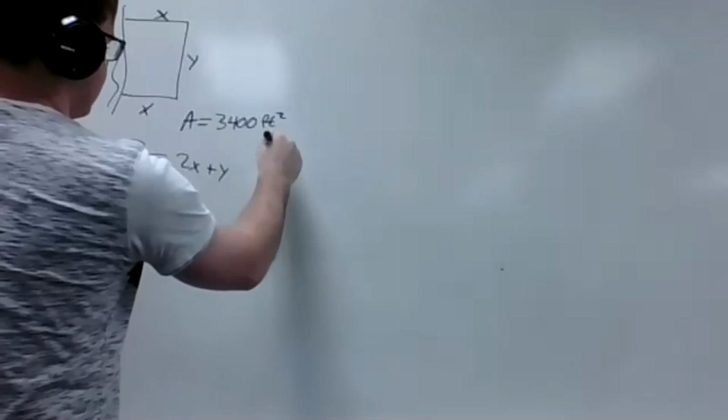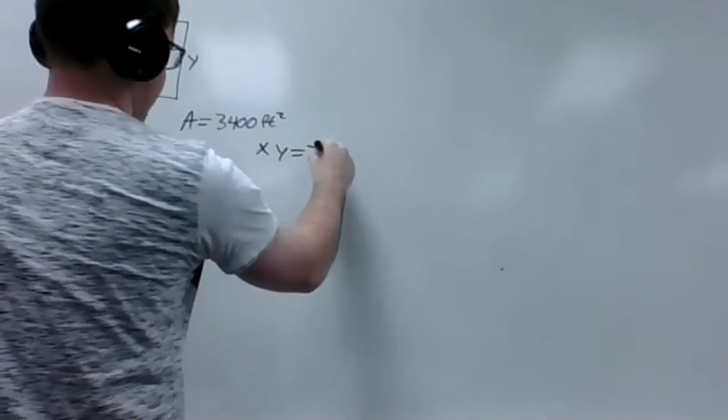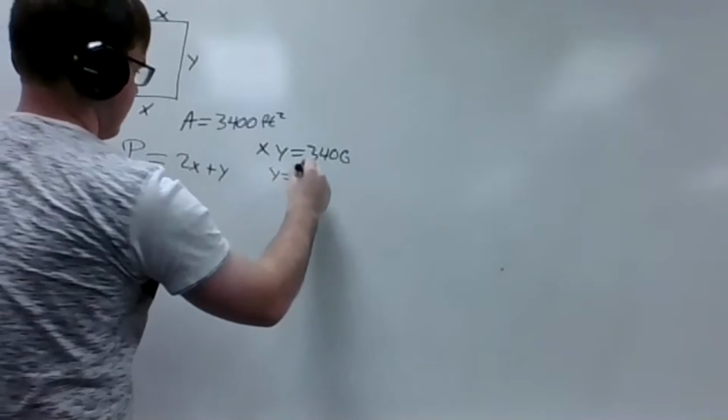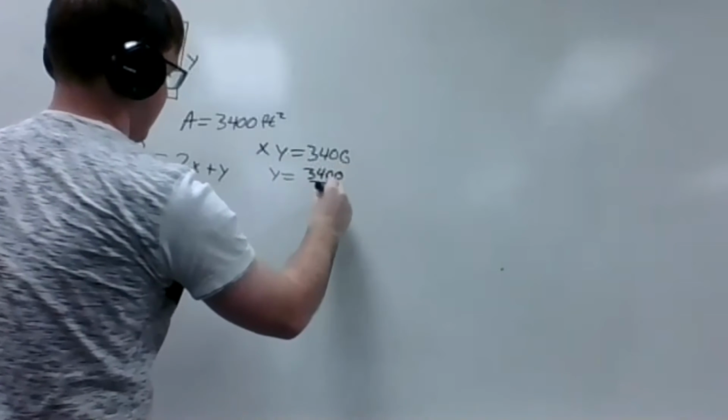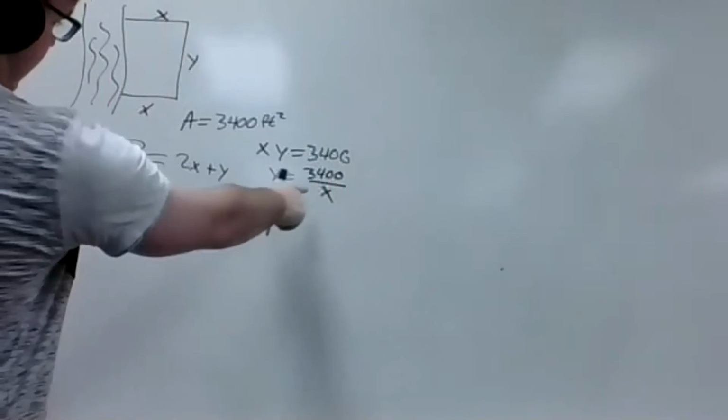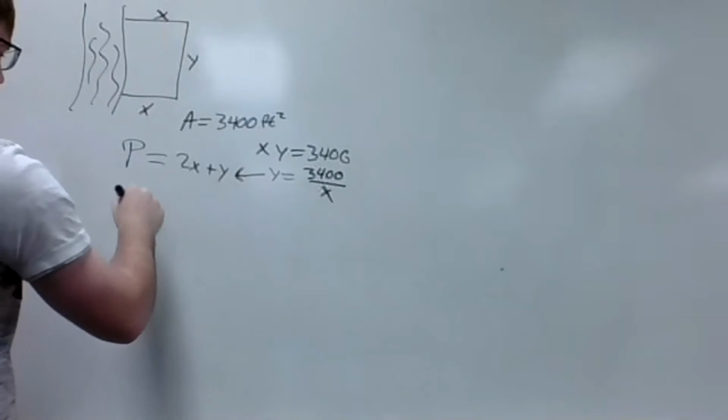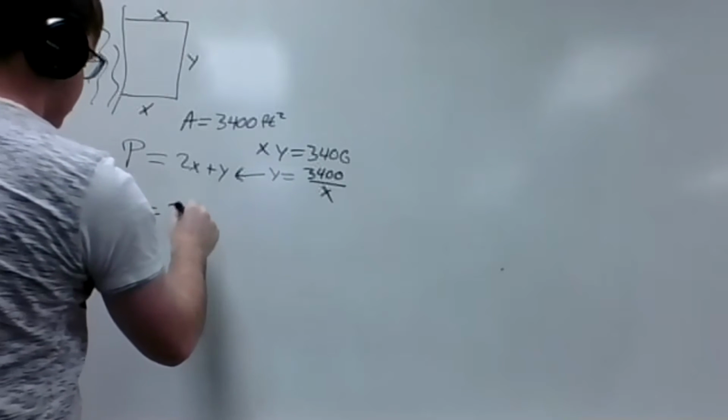Well, we know that's x times y equals 3,400. So now we can rewrite this equation to solve for a single variable. Let's say that y equals 3,400 over x. Well, now we can just plug this in. So our perimeter is going to equal 2x plus 3,400 over x.